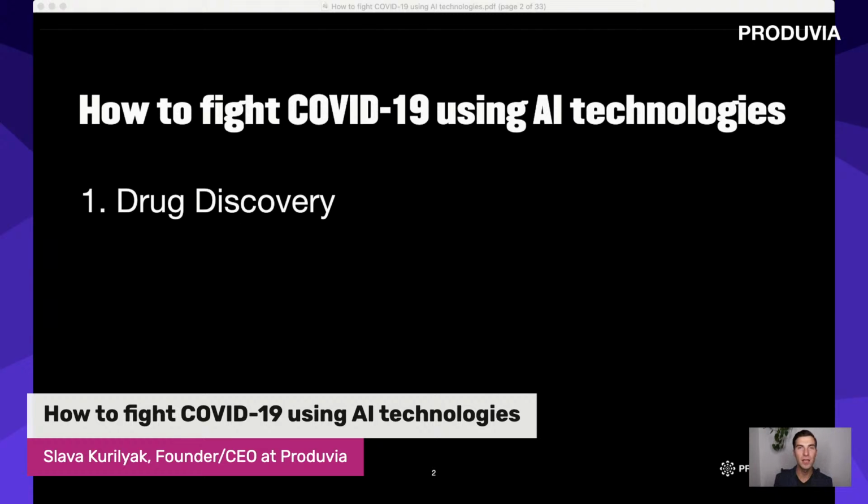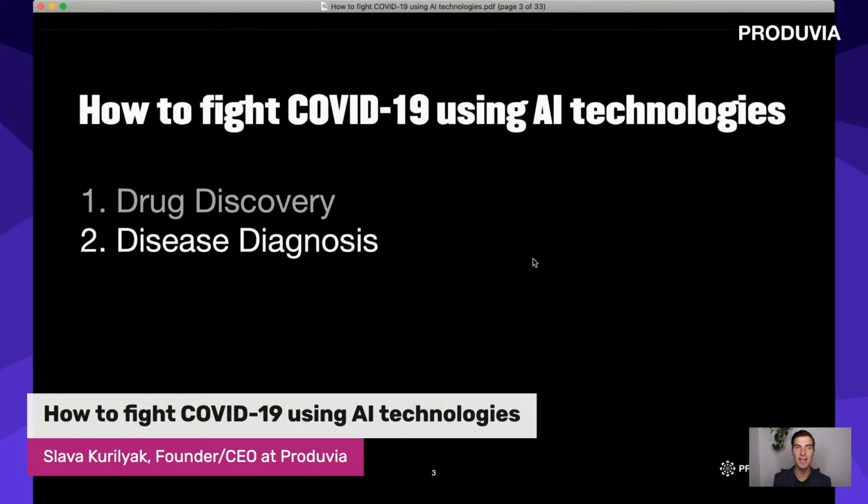How much value would that bring to society? How much value would that bring to the individual? This is one of the most pressing questions of our time. How do we fight COVID-19? And it starts with doing the best we can once we do have COVID-19. So drug discovery is the first use case we will discuss today.